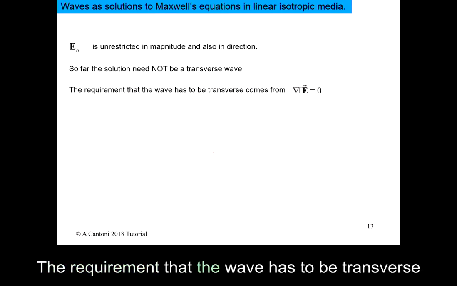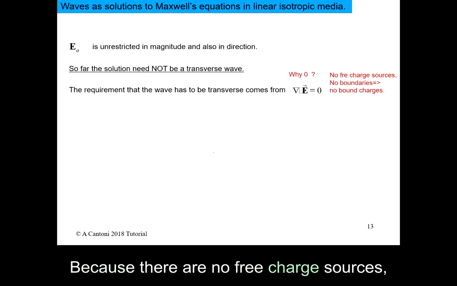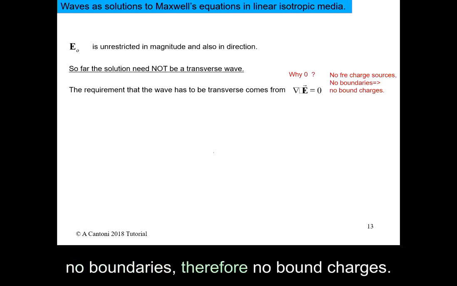The requirement that the wave has to be transverse comes from del dot E equal to 0. Why 0? Because there are no free charge sources, no boundaries, therefore no bound charges.